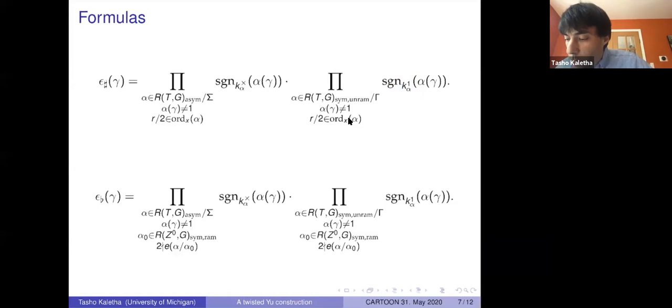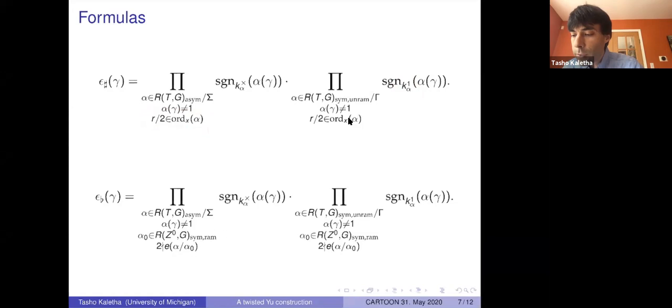And then the parts where these two characters differ are, in this case, the point in the Bruhat-Tits building gives us a filtration of the root group corresponding to the root alpha. And this filtration has jumps. These are the real numbers where the filtration changes. This is what this set measures.